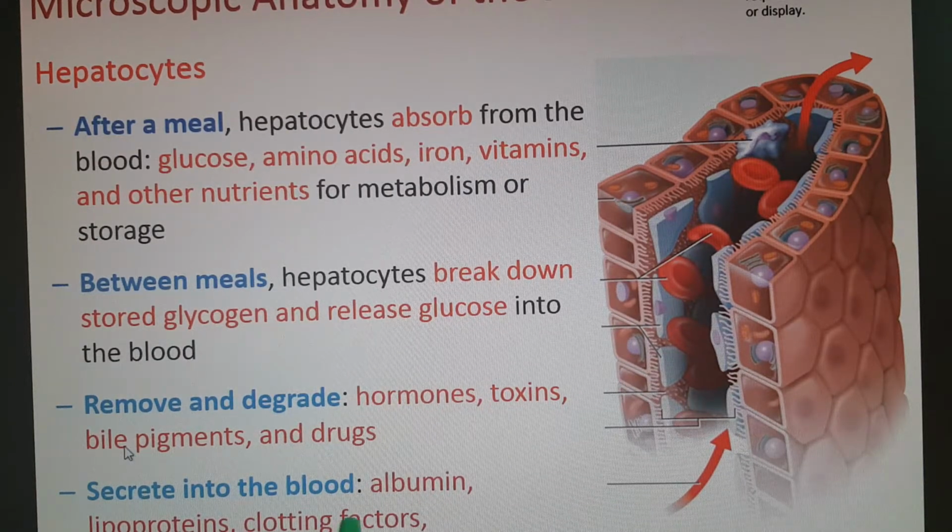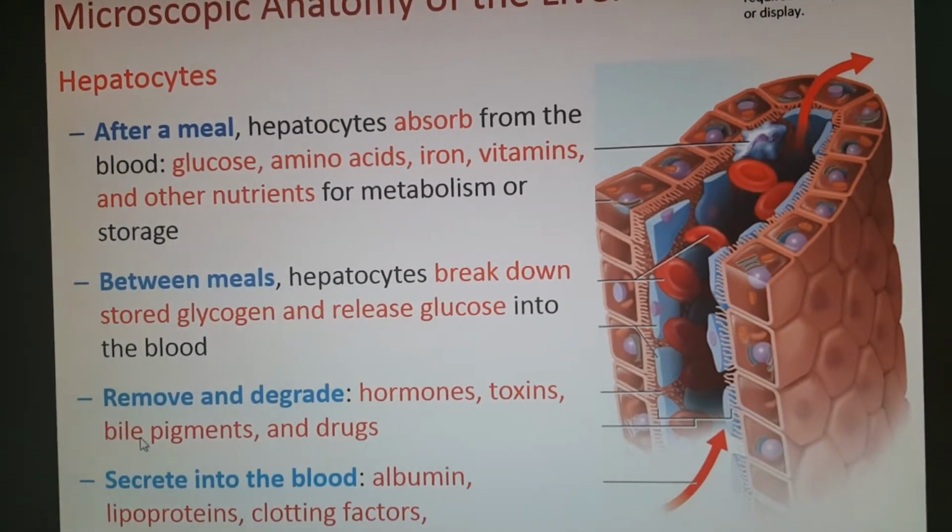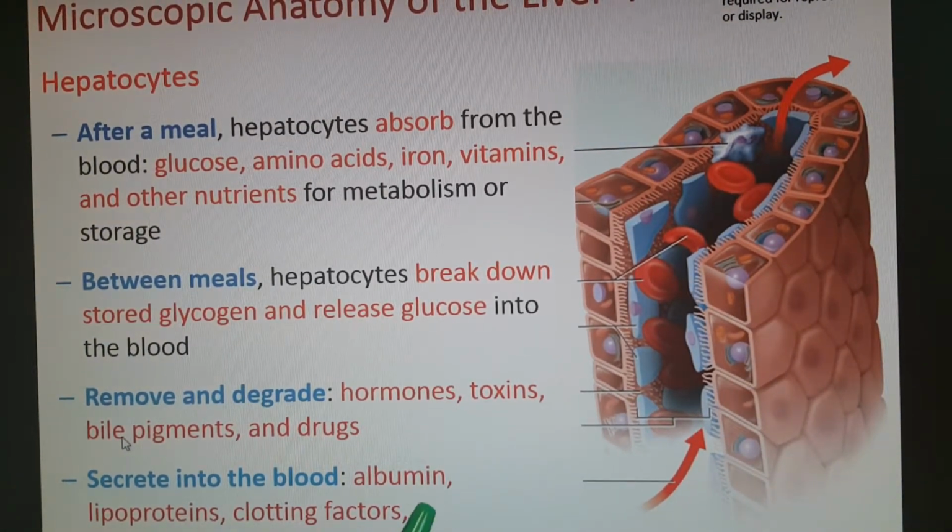Then it also has a bunch of secretions into the blood, which you guys need to see better. So albumin, lipoprotein, clotting factors, angiotensin, which you can't see, but helps the body with, for example, absorbing your different lipids, and just making other factors that have nothing to do with digestion, but they're necessary.